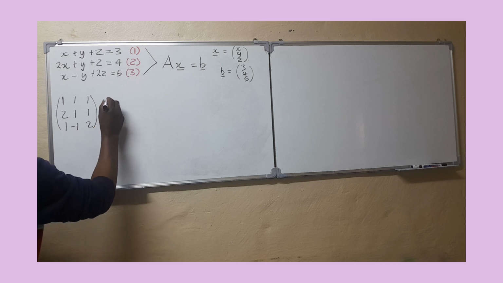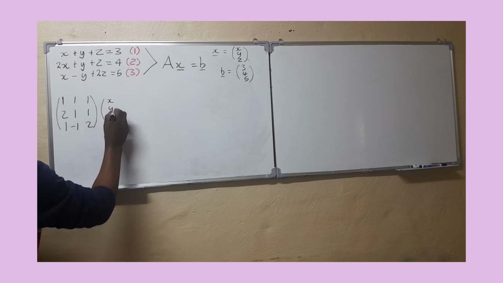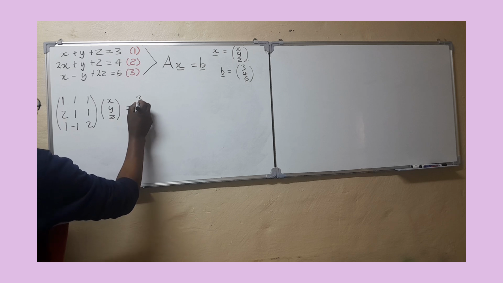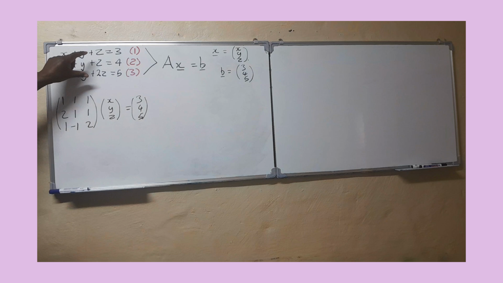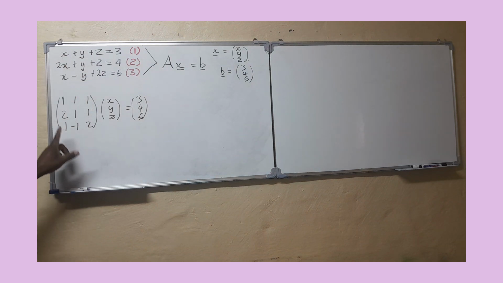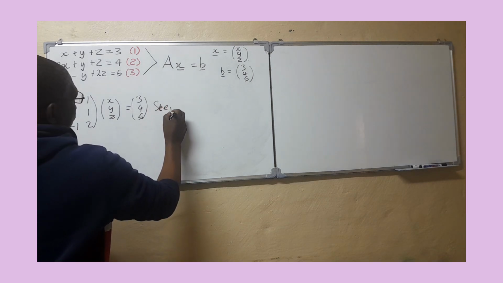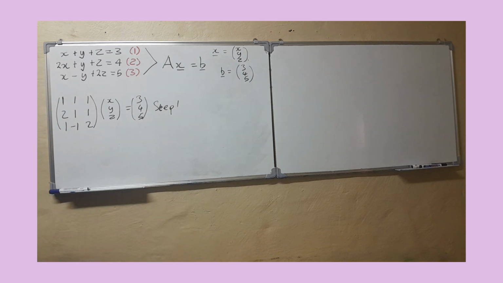Vector x, remember, is x, y, z. This is equal to vector b, which is 3, 4, 5. So we have converted this system into matrix form. It's now a matrix equation. Right. So let's call this step 1.